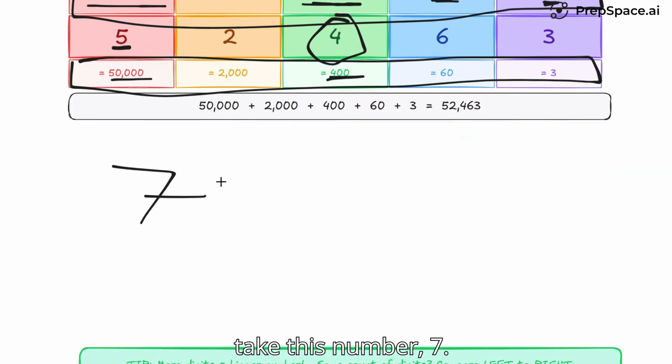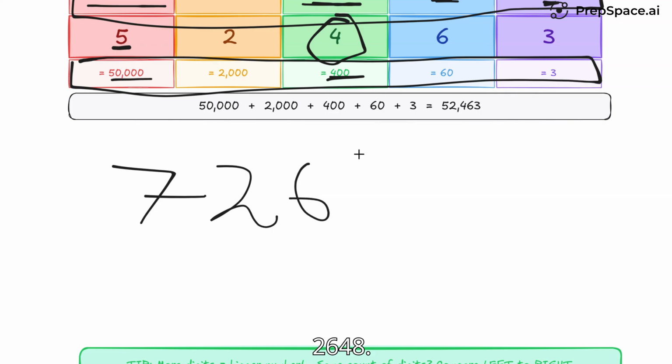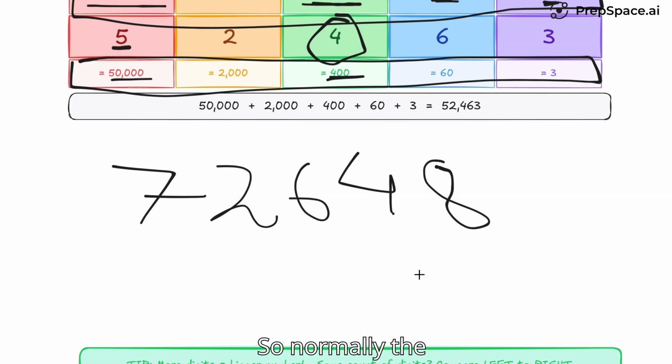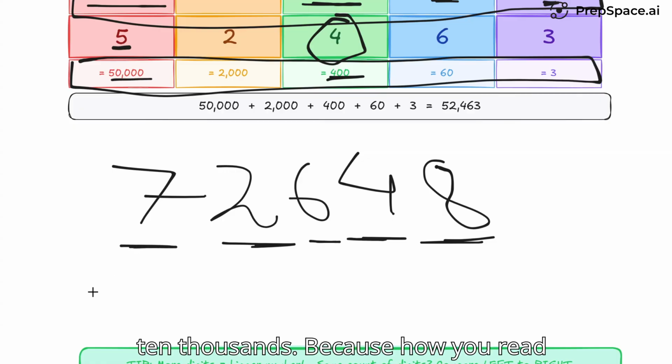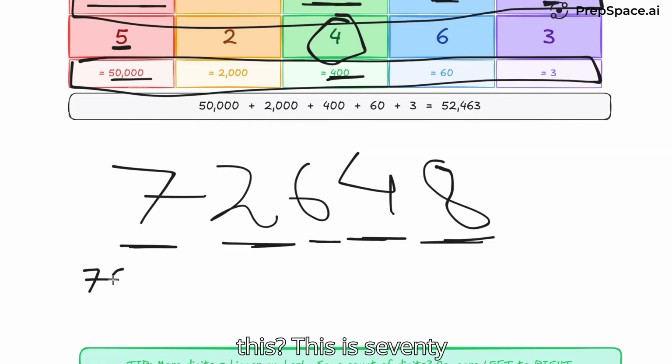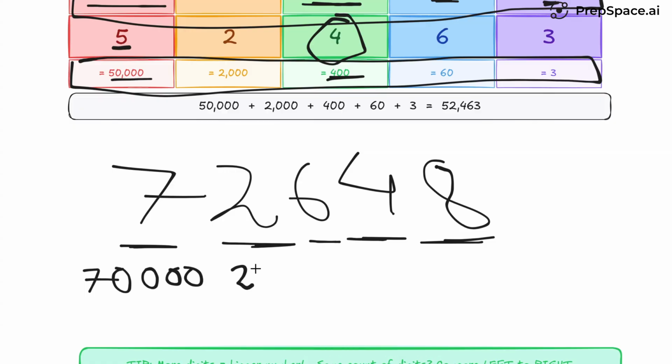Let me take this number, 72,648. Normally the positions of these digits are ones, tens, hundreds, thousands, ten thousands. Because how do you read this? This is 70,000. This is 2,000. This is 600.